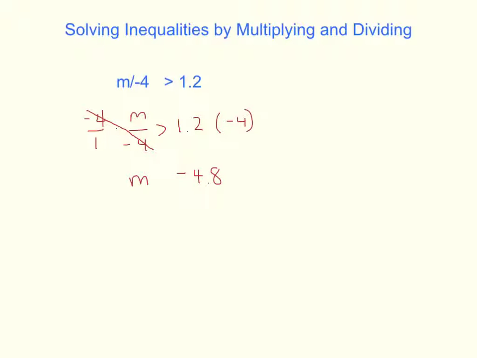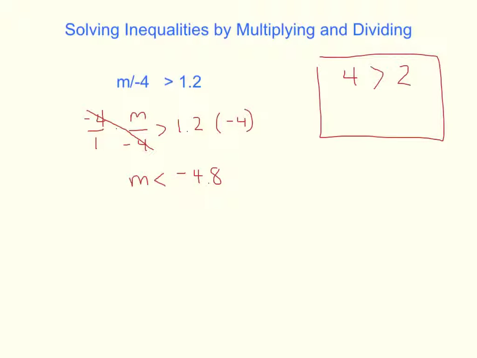But you have to remember with inequalities, if you multiply or divide by a negative, you have to reverse the inequality. So it was greater, so now it's less. Now if you're wondering, why do we reverse the inequality sign? Let's come over and think about that for a second. 4 is greater than, say, 2. If I divide both, pardon me, we're multiplying this time.